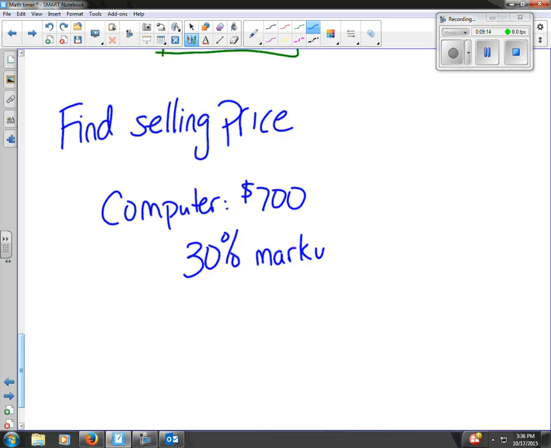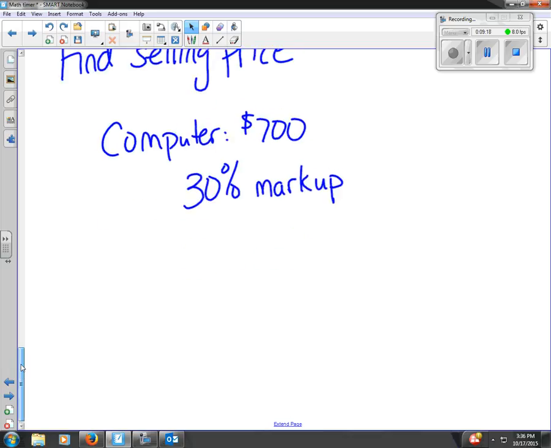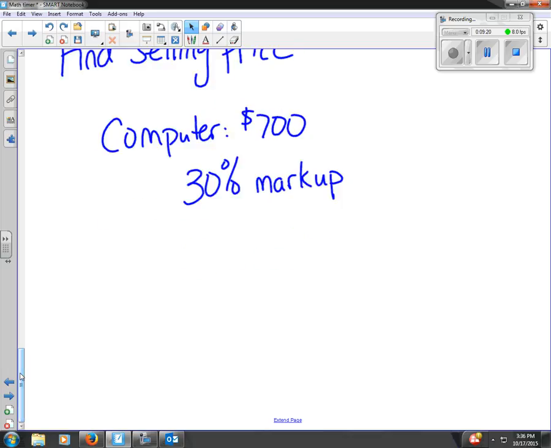Markup means you need to sell it for more than $700, because if $700 is literally how much it takes just to make it, the parts, putting it all together, buying all the components, it doesn't give you any room to pay the employees or pay the insurance. So you need to mark it up. Well, how do we do that? How do I figure that price out?